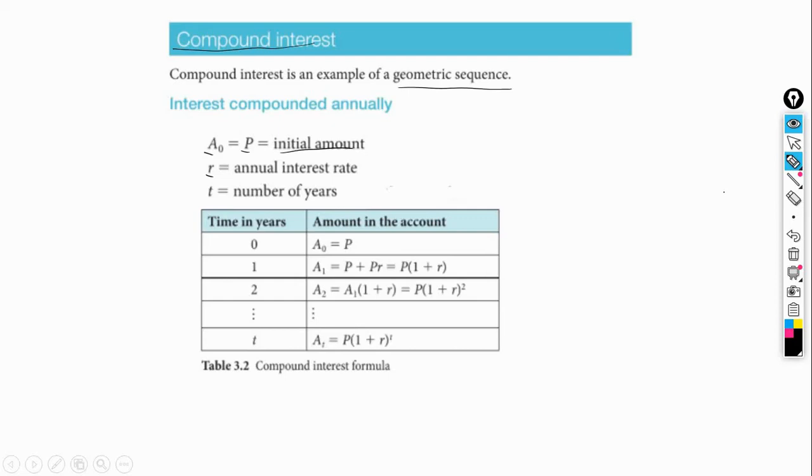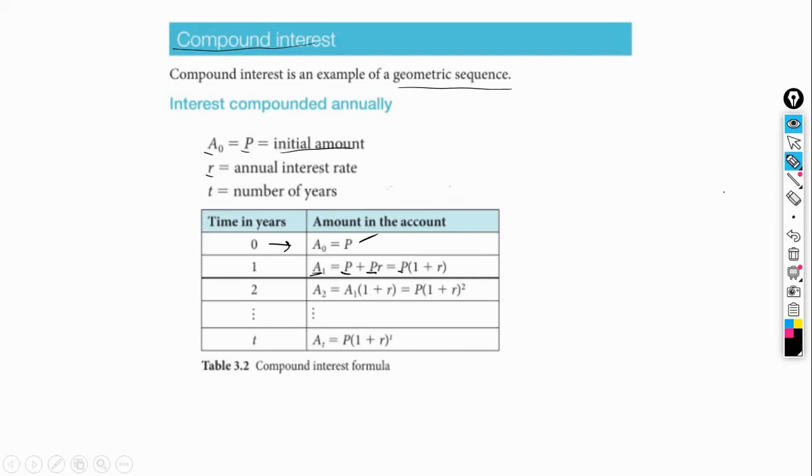So notice that when you make a deposit, let's suppose you're putting money in the bank and they're giving you annual interest. So at time 0, you deposit the principal. After 1 year, this would be the second term, you would get the principal plus the principal times the interest rate, or the principal times 1 plus the rate.